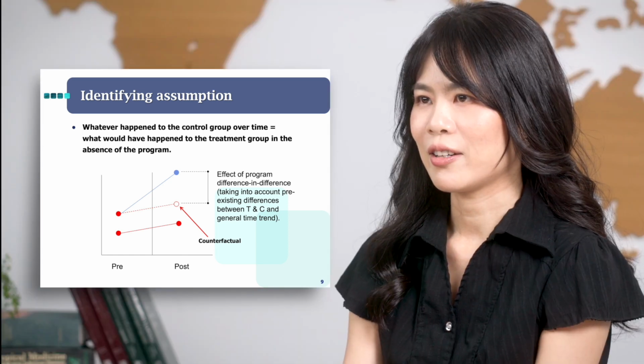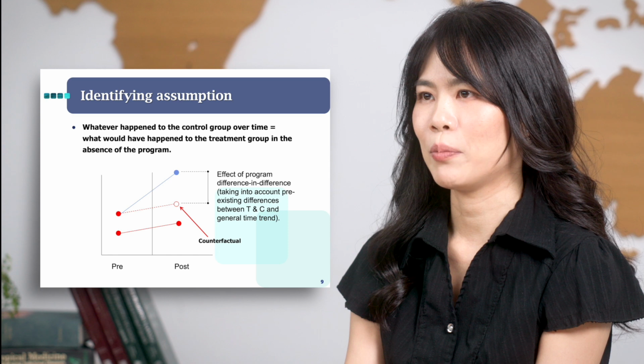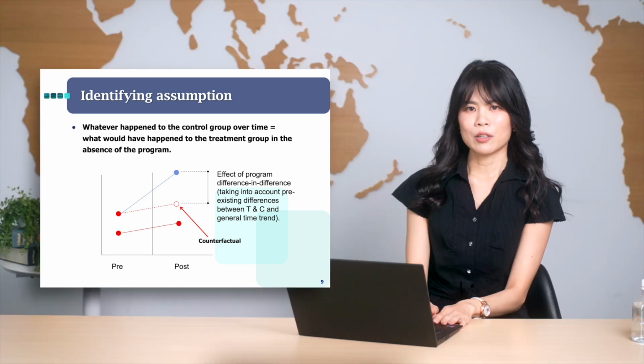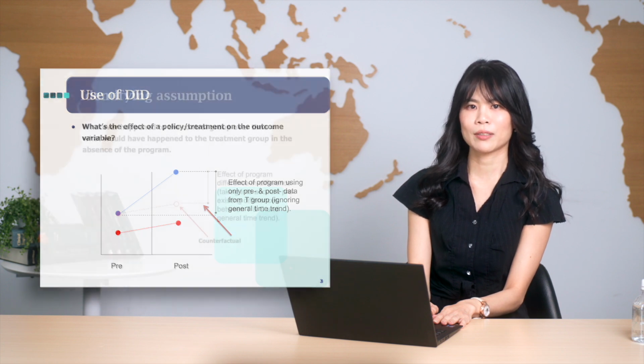This dotted line here represents what would happen to the employment rate for the treatment group if it had not implemented the policy. The true policy effect, or the magnitude of the policy, is this distance here. This distance takes into consideration both the time trend and the pre-existing differences between the two groups.